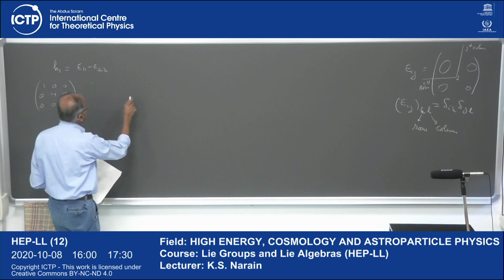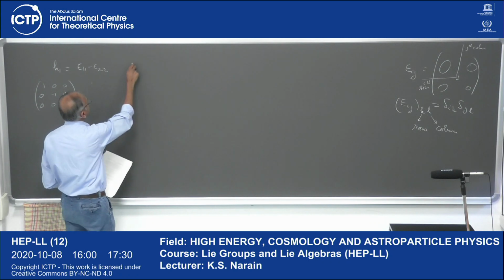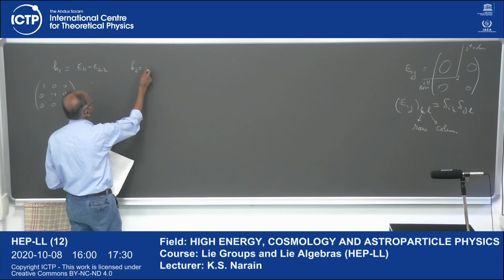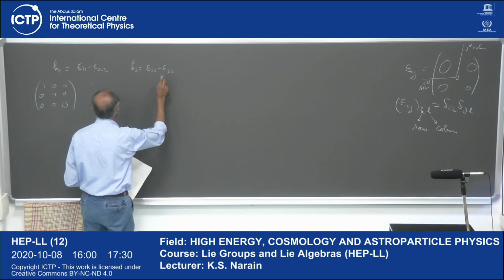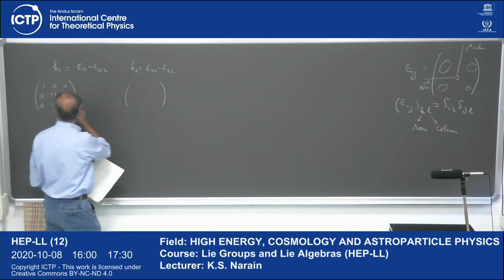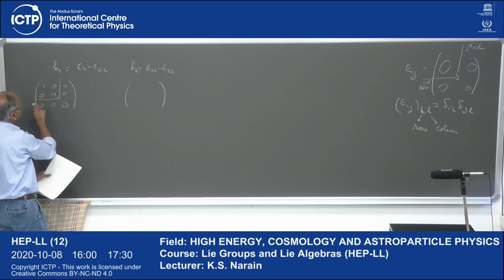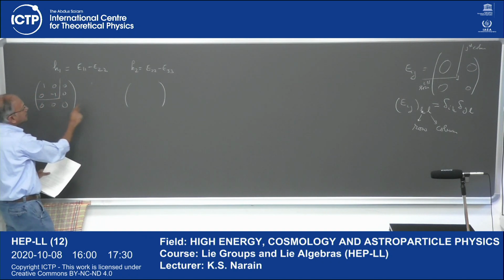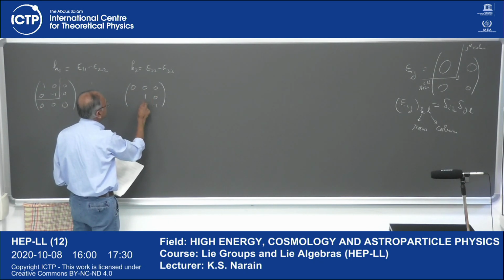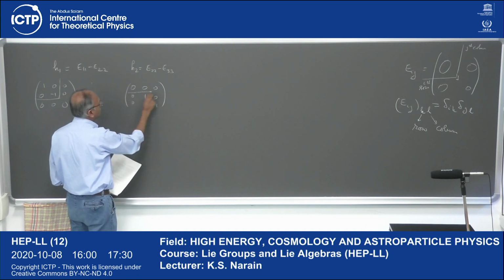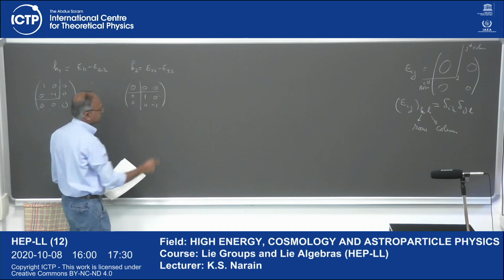But instead of using lambda 8, we'll use H2, which is E22 minus E33. So this is like sigma 3 in this 2 by 2 block: 1, minus 1, 0, 0, 0, 0.